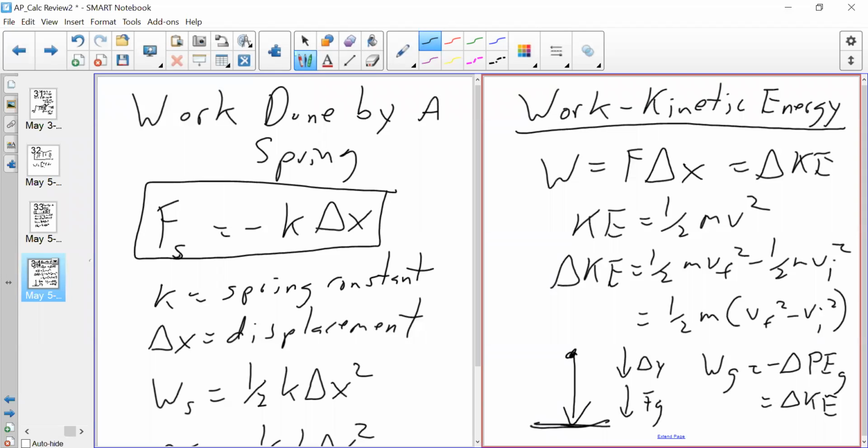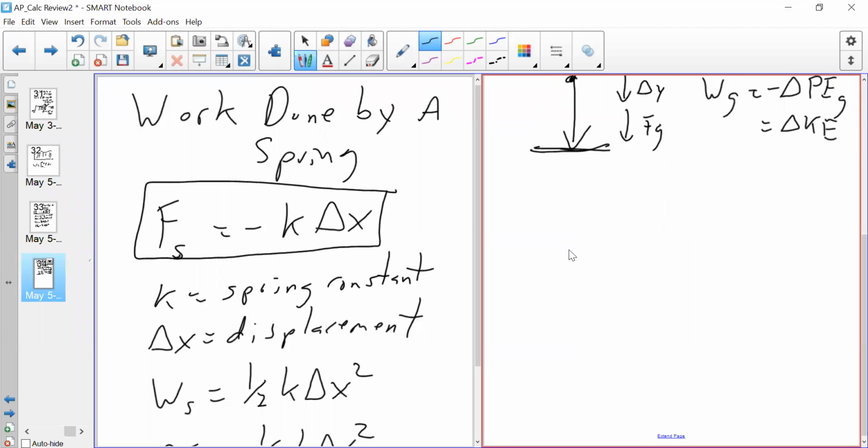And then if we raise the object into the air, obviously we're going to be losing kinetic energy, because at the top, the speed is 0. We start off at a large speed, but then we lose it.